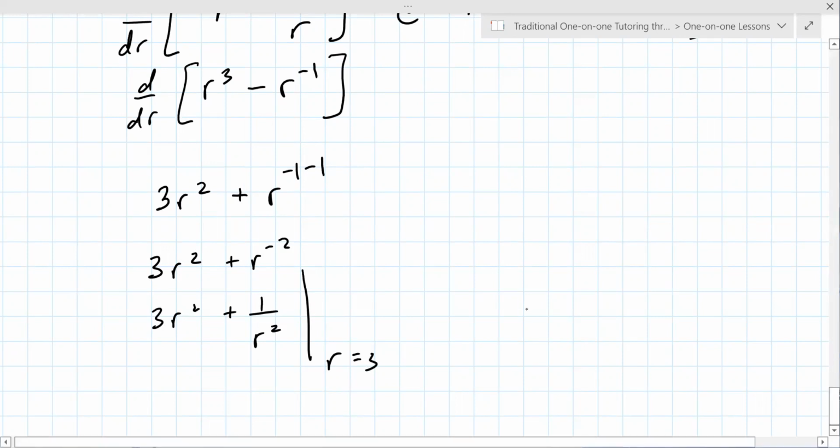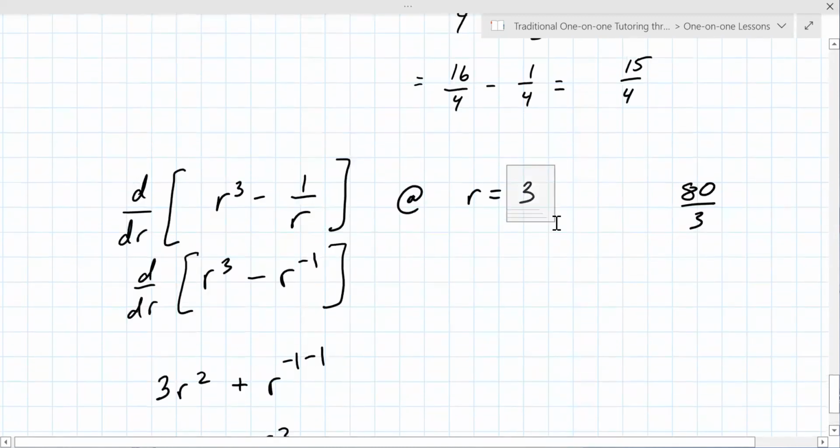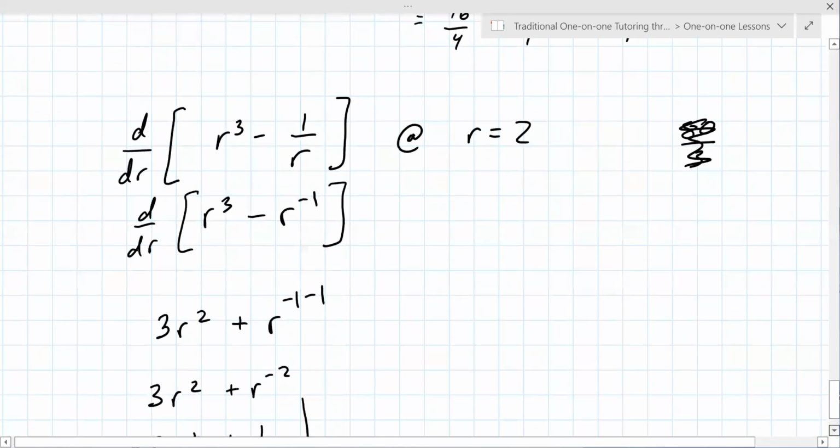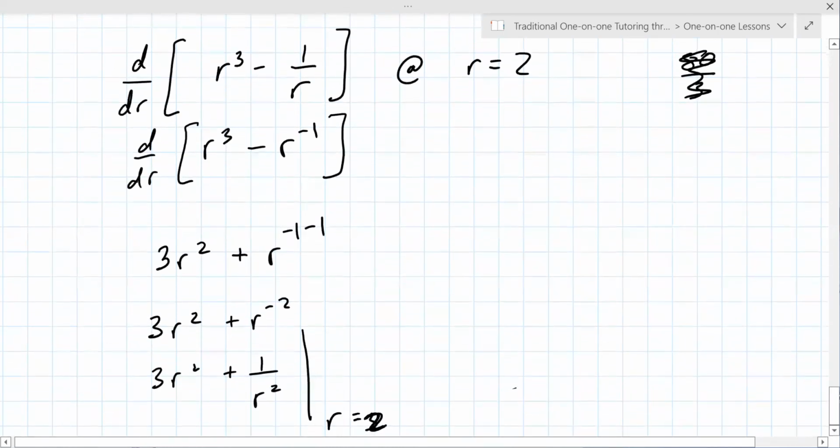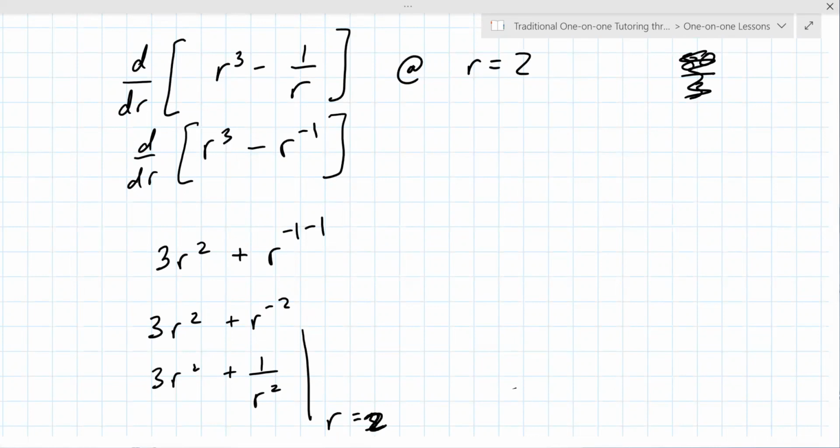Actually, I may have made the numbers too large. Why don't we change this to 2? Because it does sort of add some unnecessary multiplications. 2 squared.